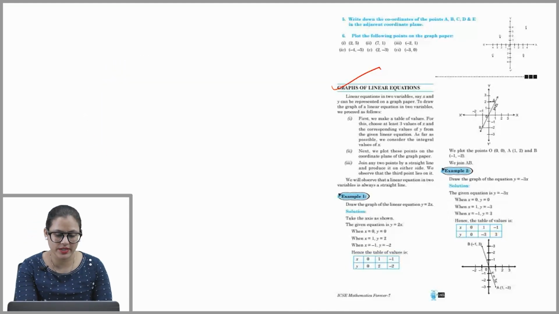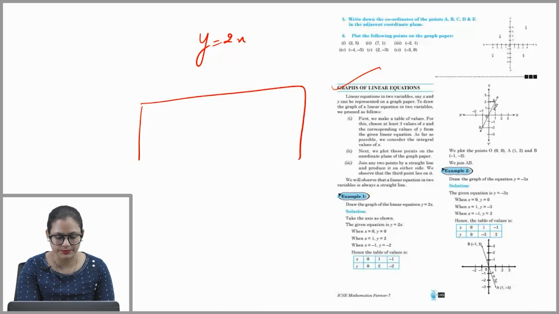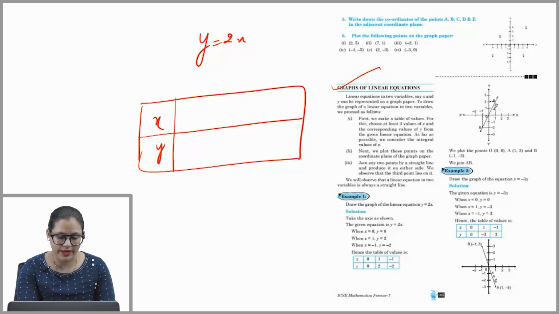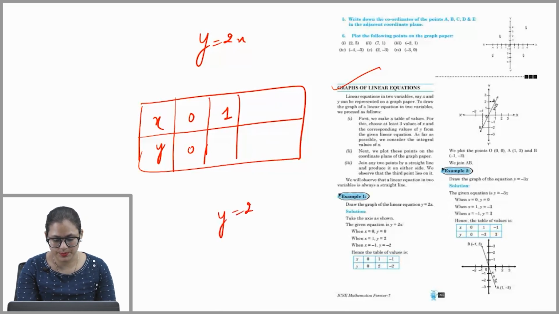Okay, so the equation is given: y equals 2x. Let's make a table, one for x, one for y. If the value of x is 0, then y will be 0. If the value of x is 1, let's substitute the value of x, y equals 2.